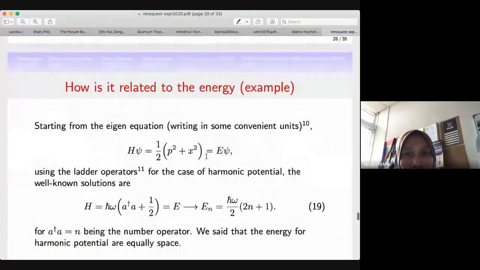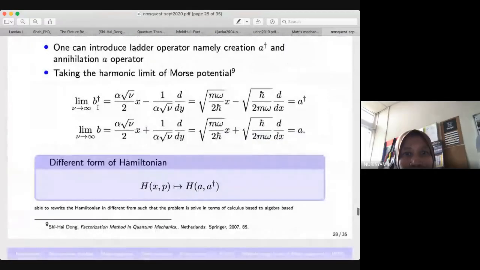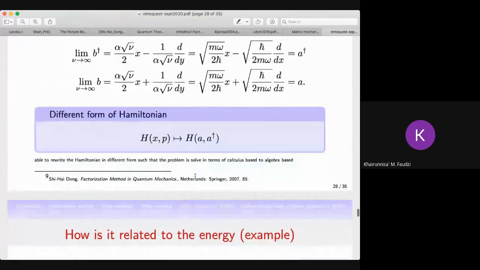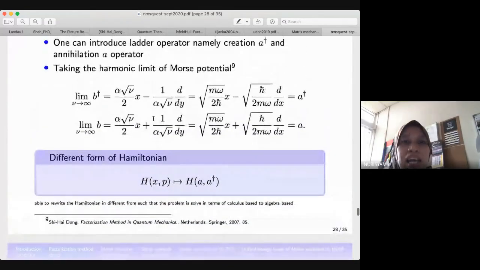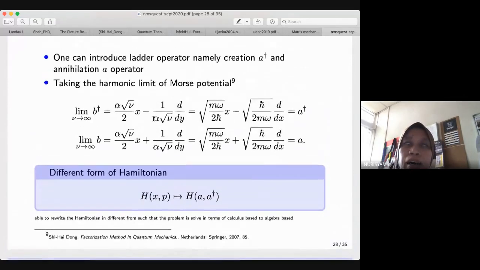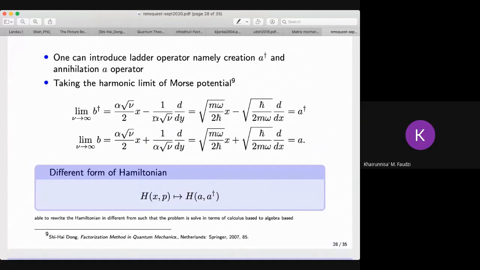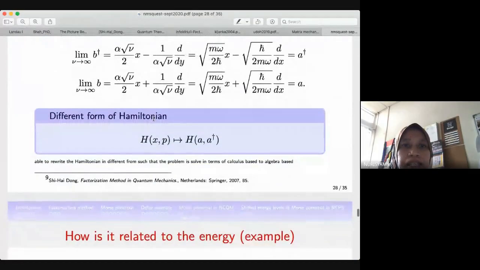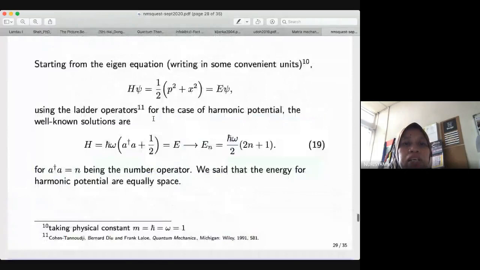So it works well with the harmonic oscillator part, where we deal with that, and then we can produce such. Like I said, this is in terms of the harmonic limit, so we are taking the parameter in the exponential to be very large, meaning that you expand the exponential. Specific for the harmonic limit. Okay.